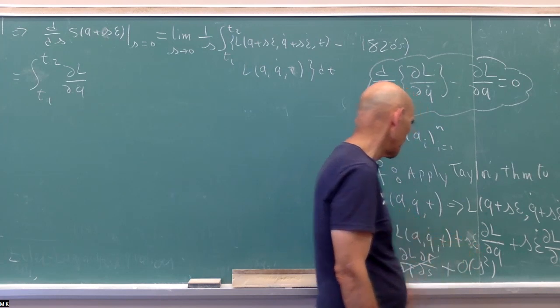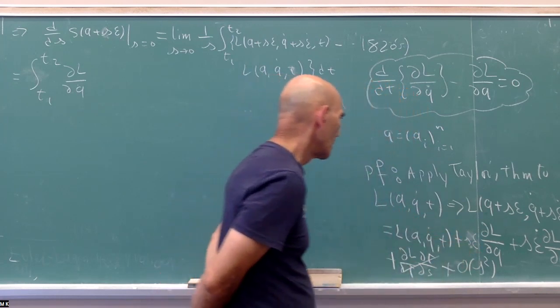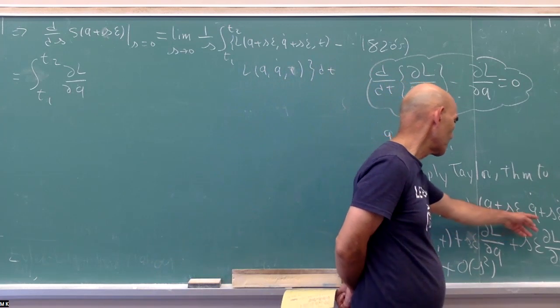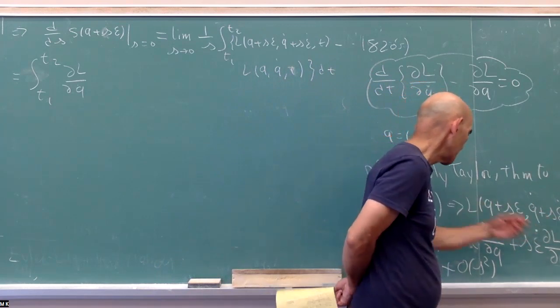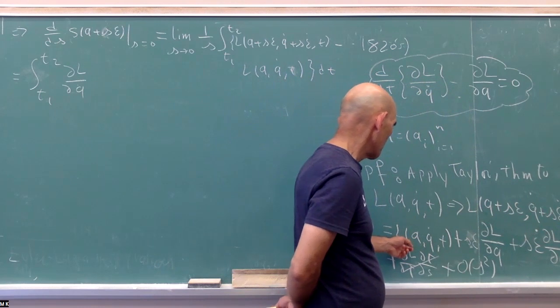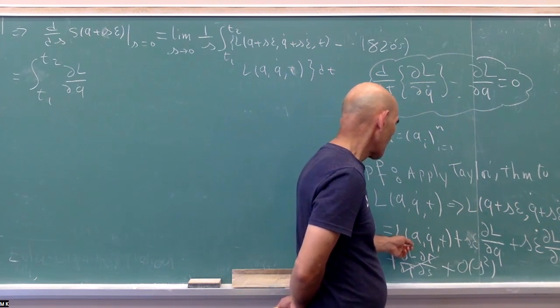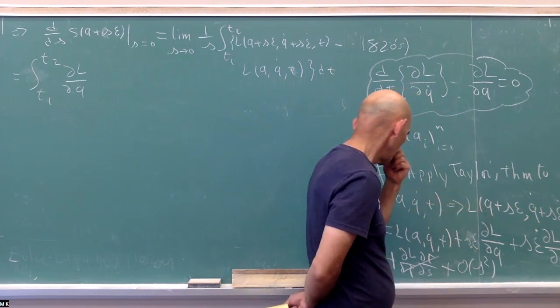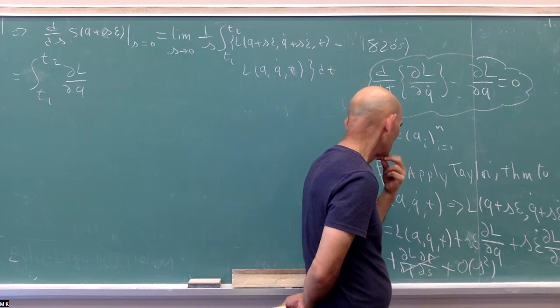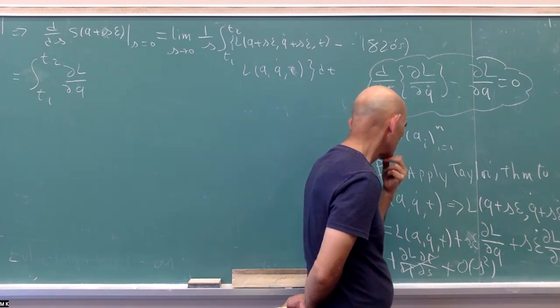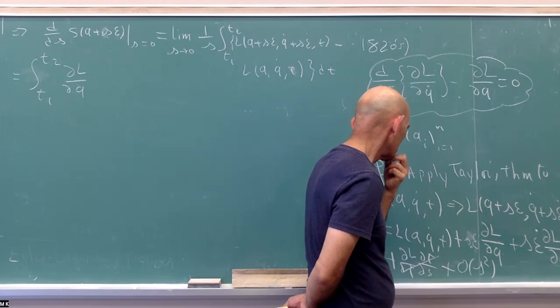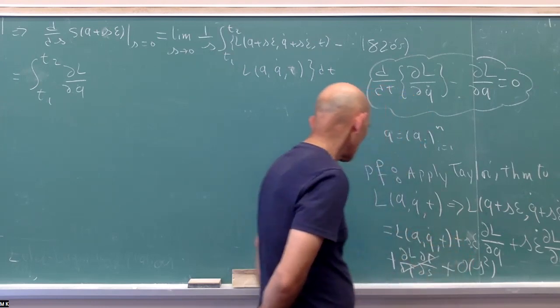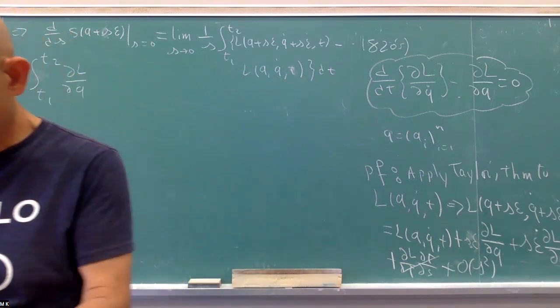There's a little problem here. So q plus s epsilon, q dot plus s epsilon dot, and t. So this is the original one. I have my notes.